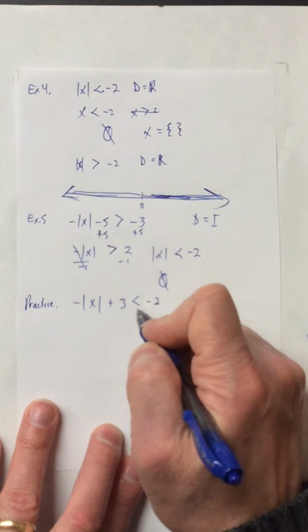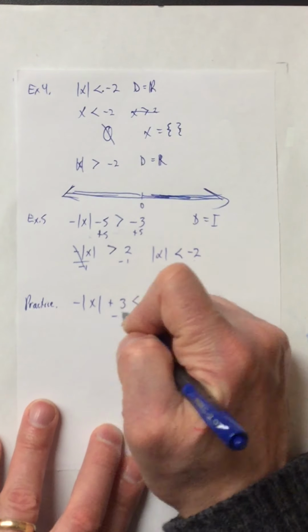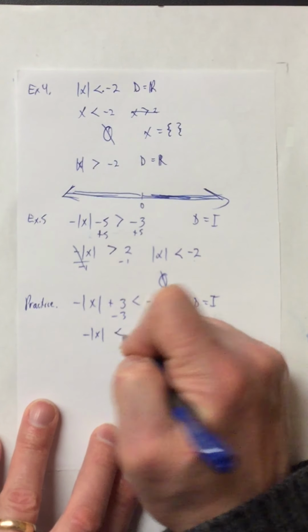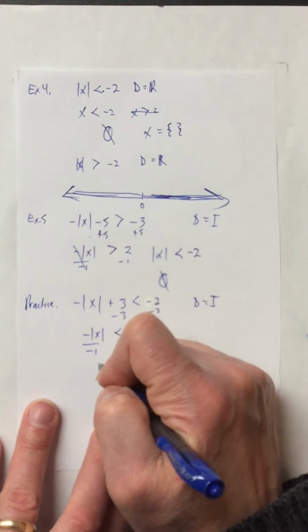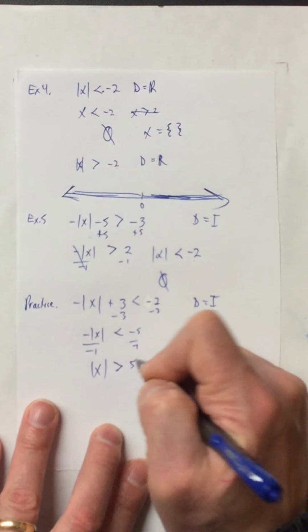All right, let's get x by itself, so subtract 3 from both sides. Negative absolute value of x is less than negative 5. Divide by a negative, divide by a negative. Absolute value of x is greater than 5.